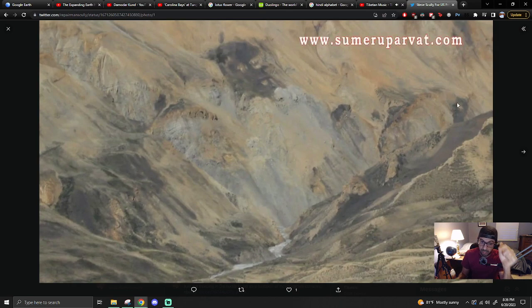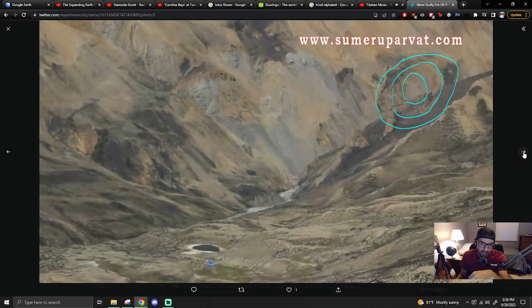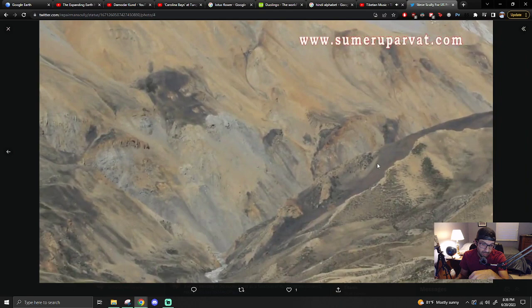But what's real crazy about this one is it does it both on the wall itself of the mountain across the river and on the ramp face. Incredible. Like that.